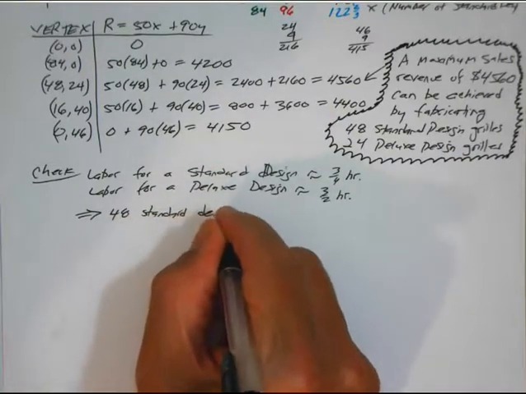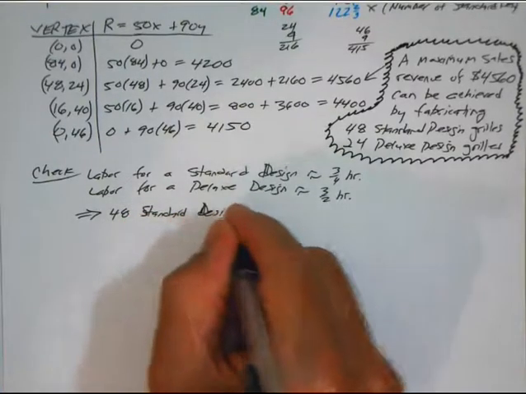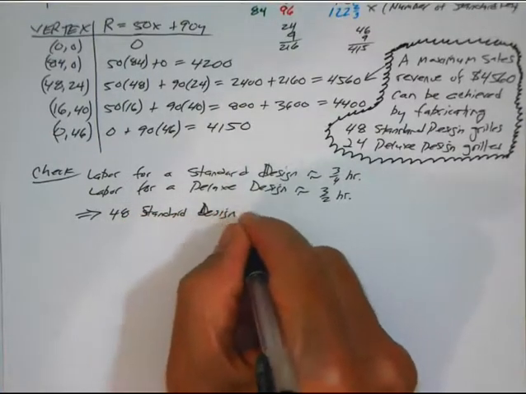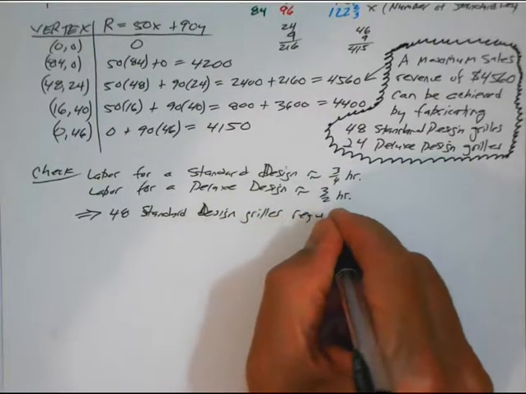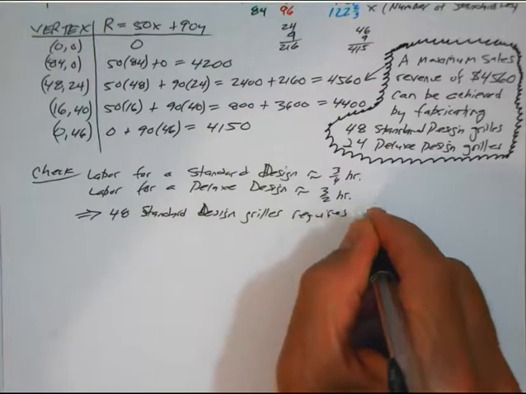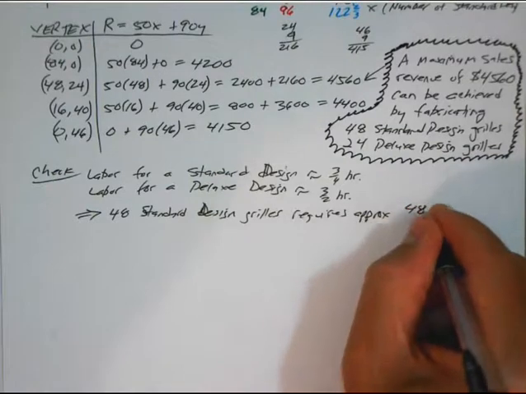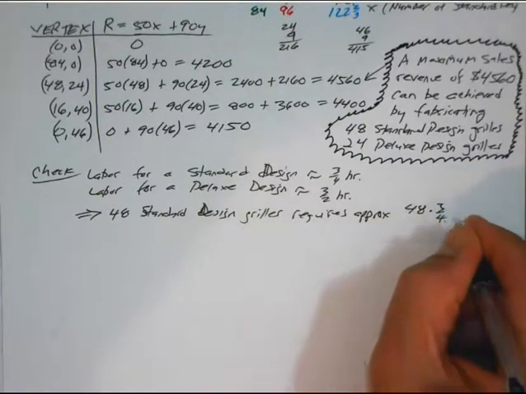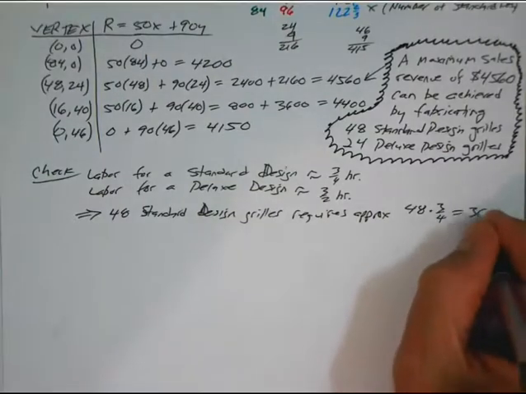So this means that if we're going to make 48 standard design grills, it requires about, we got 48 of them, at 3/4 of an hour a piece. 3/4 of 48, we're looking at 36 hours there.